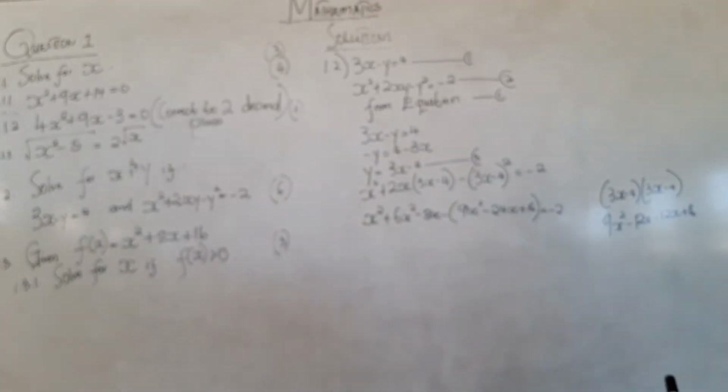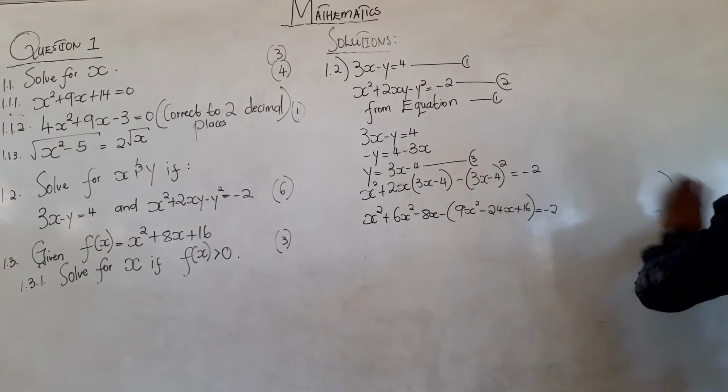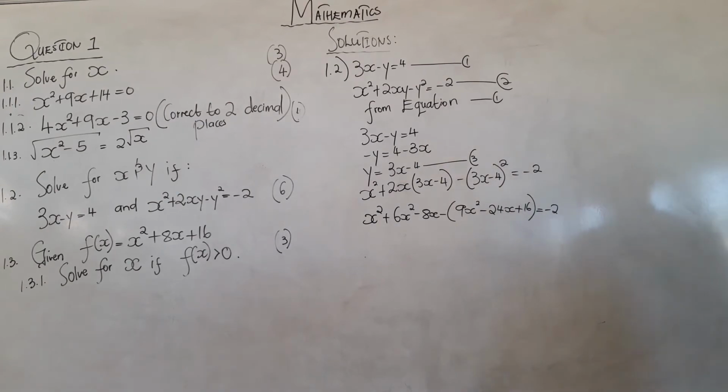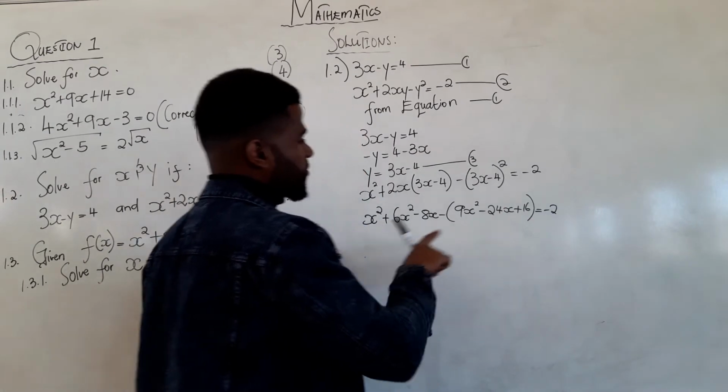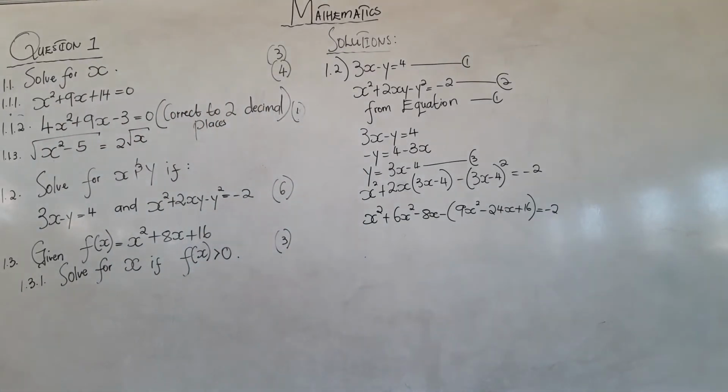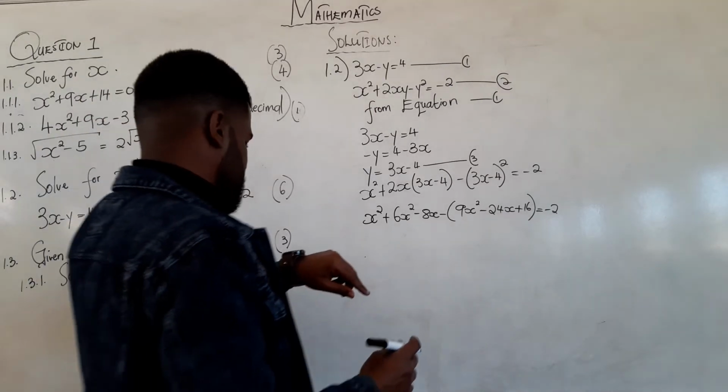I hope you guys understand this algorithm. And then this negative sign will multiply everything inside the bracket, and then we are going to transpose 2 from our right hand side to our left hand side, which is going to become positive.